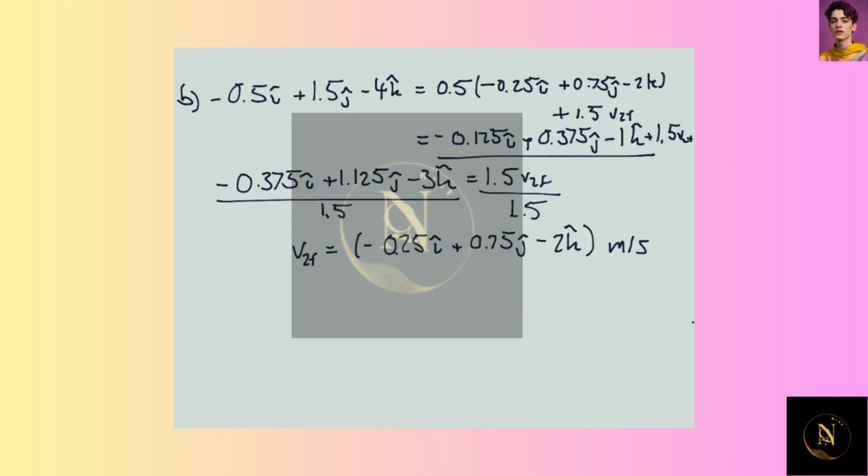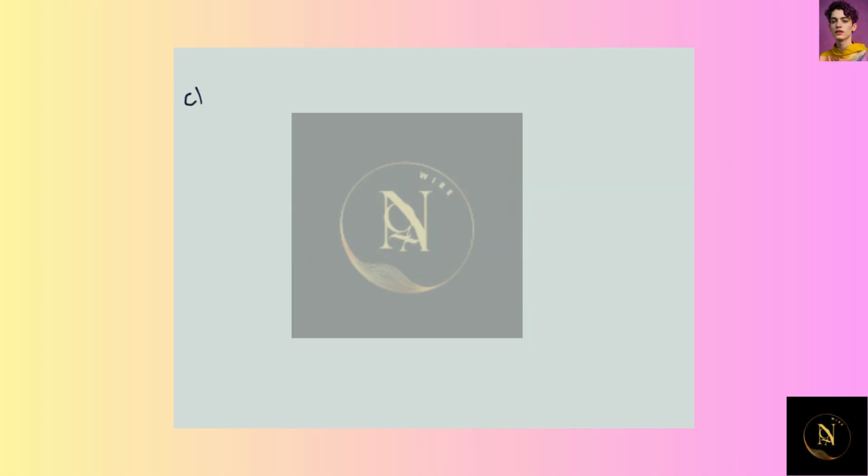Okay, now part C, again very similar, except now we have an unknown variable in the k direction as well as an unknown final velocity for the second ball with the mass of 1.5. I'm going to start off again with the similar equations we had in the last question. Negative 0.5i plus 1.5j minus 4k.